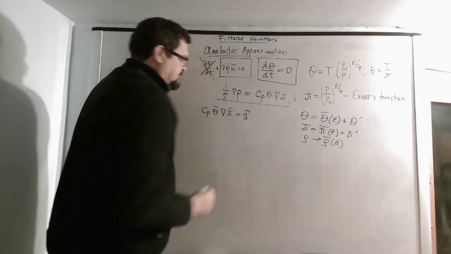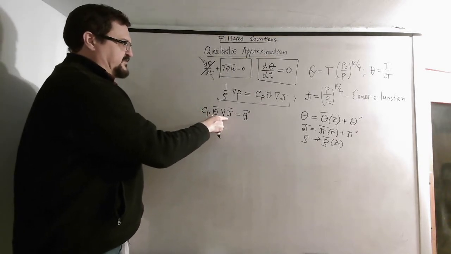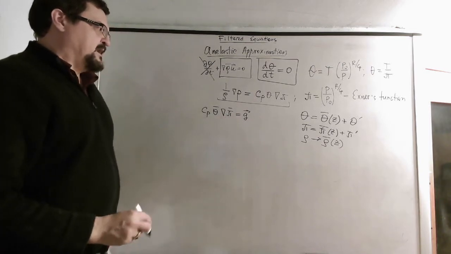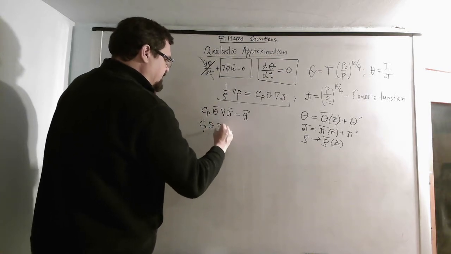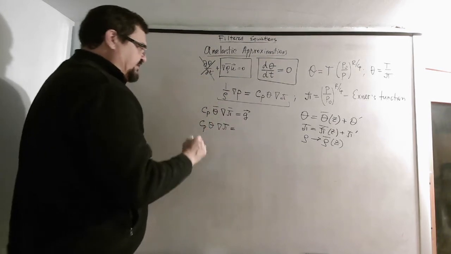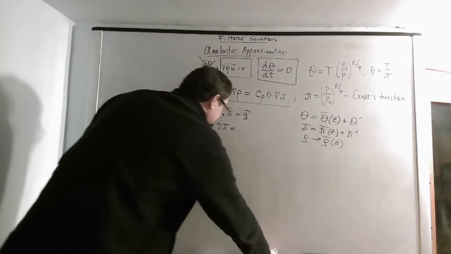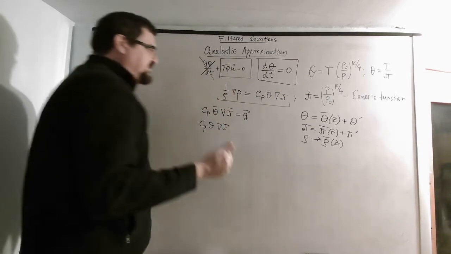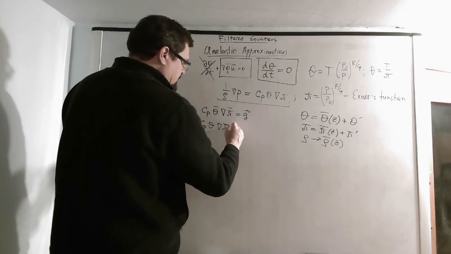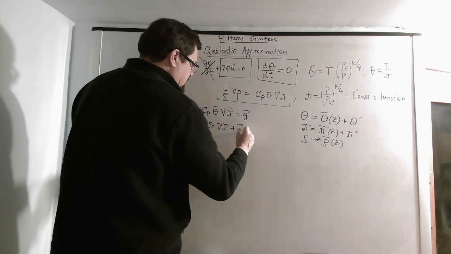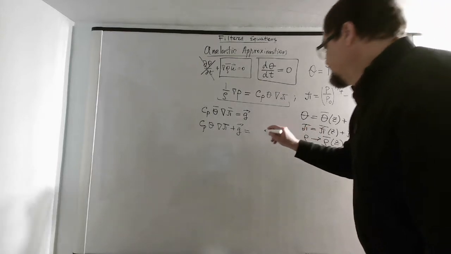Cp times the reference theta times the gradient of the reference pi equals minus g, so that Cp theta times the gradient of pi equals. If we substitute all these definitions in there, and then cancel, as we did before for the Boussinesq approximation, the hydrostatic state, then I will skip all the steps, but I will derive the final thing.